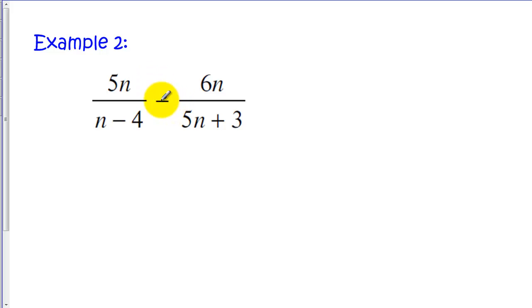Again, I'm going to change subtraction to addition. Now we have a factor. This fraction here is missing that denominator, so I have to multiply this denominator by that whole factor. We're treating that whole thing as a factor.